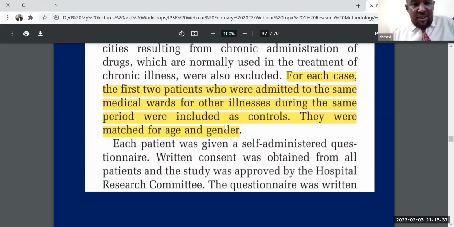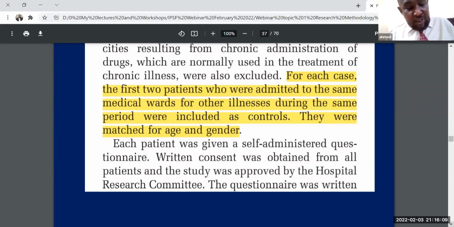Normally, variables like age and gender are considered confounding variables in many research. So here we match by age and gender. That means when we select a case and we select a control for this case, it must be matched to the case in age, meaning the age is comparable, and the gender. That means if the case is male, the control will be male also.